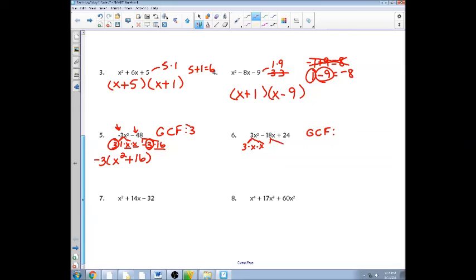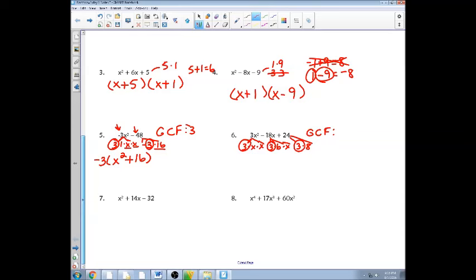So what I'm going to do is I just want to find out if 18 is divisible by 3. If I take 18 and divide by 3, I would get 6, so 3 times 6 would work. There is an x left there. 24, I wonder if that's divisible by 3. If I take 24 and divide by 3, I'll end up with 3 times 8. Is there something that all 3 share? Yes, there is. It is a 3.